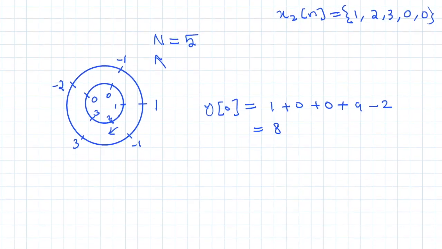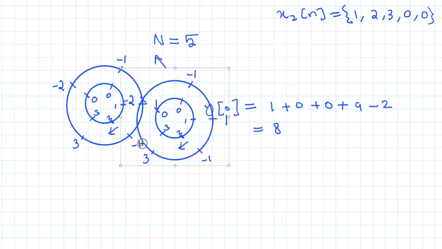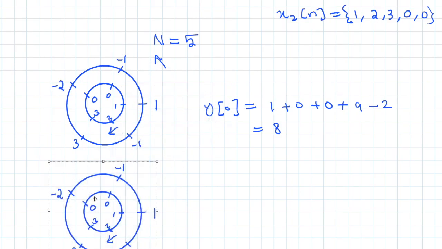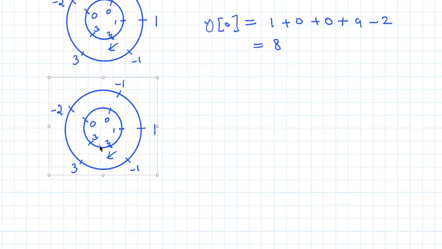Okay. So I'm making a copy of this one. Now I need to rotate the values of the inner circle one point at a time. So I am removing the values that is already written over here.